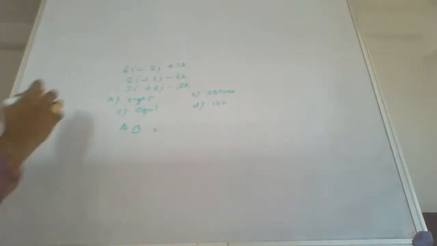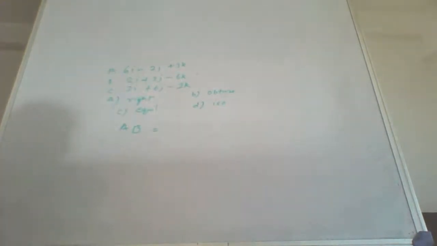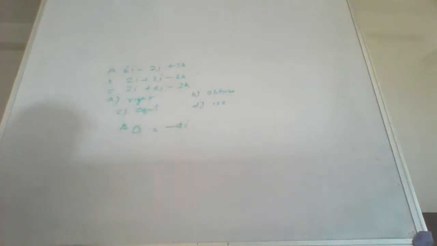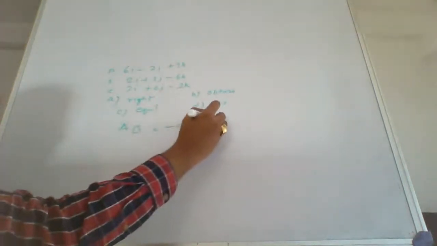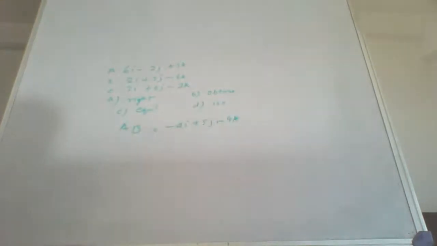If you consider this as A, this as B and this as C, the position of B minus the position of A, if I compute it, I get 4i plus 5j minus 9k.